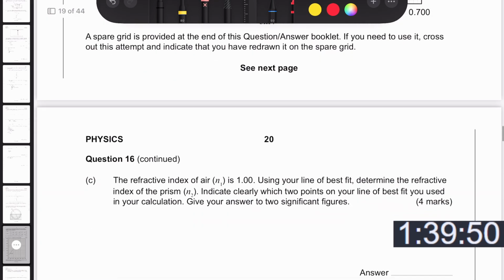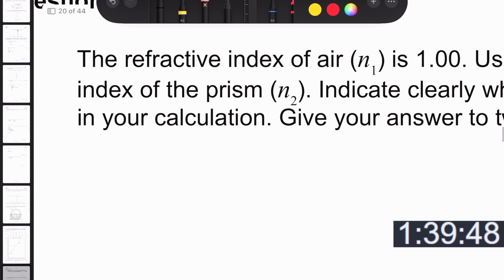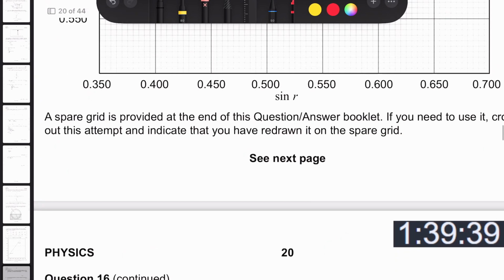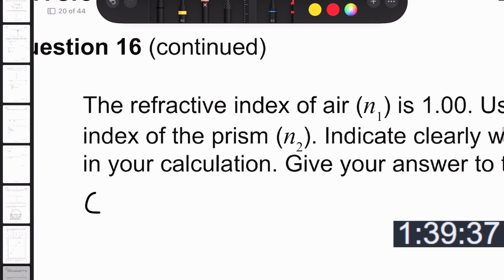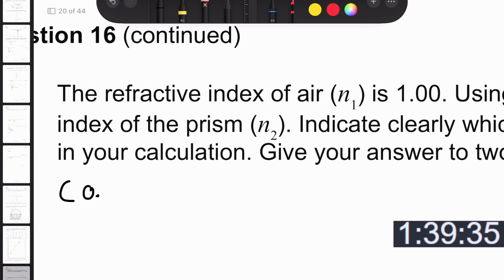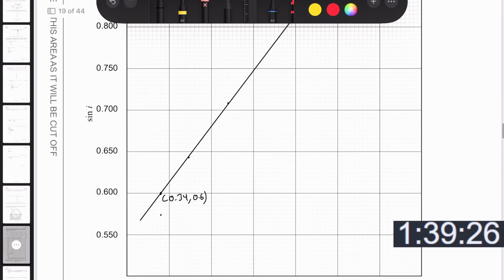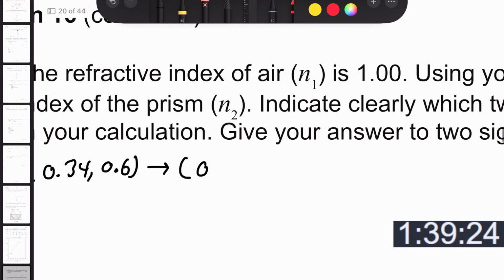Okay, so then M is equal to, wait, let me write my points down first. So 0.34, 0.6 and 0.55, 0.815.